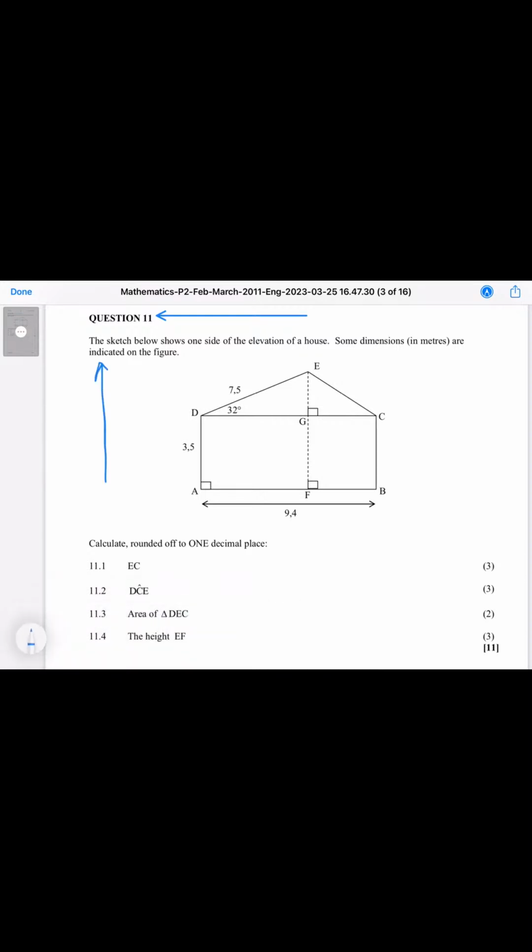The sketch below shows one side of the elevation of a house. Some dimensions, most importantly in meters, are indicated on the figure. That is the statement, that's all that you have. So let's quickly have a look at that elevation of a house.